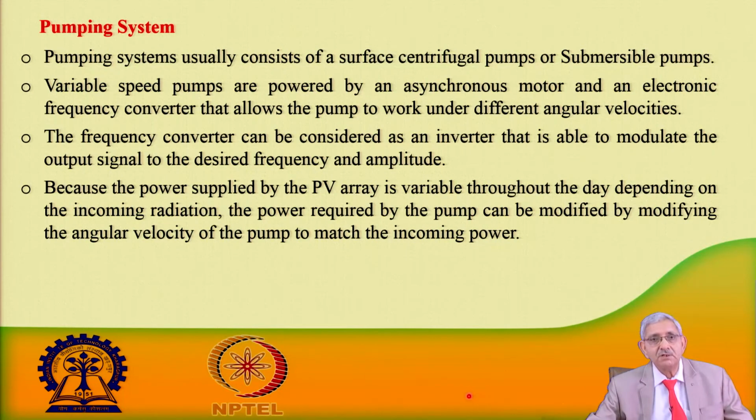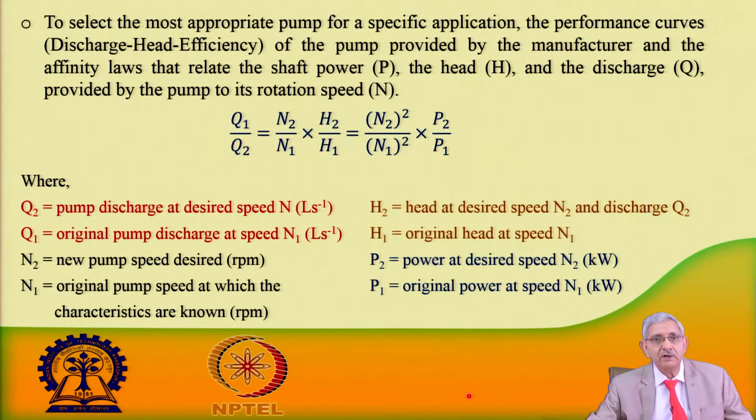This matching is very crucial and important. So, to select the most appropriate capacity of the pump for a particular application, the performance curve we already discussed in the pump class and previous lecture.